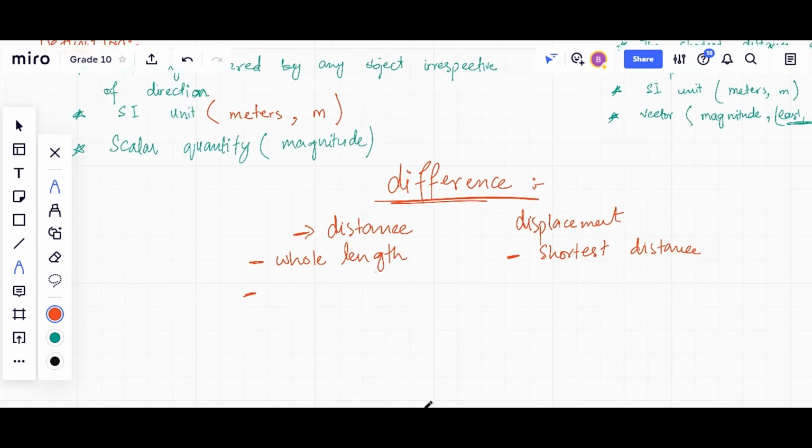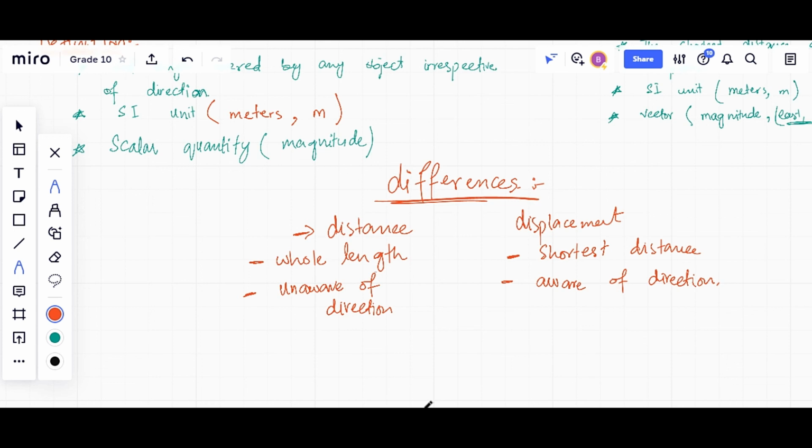Second, distance is unaware of direction. Displacement is always aware of direction, which makes it a vector quantity. So these are some of the differences between these two quantities.